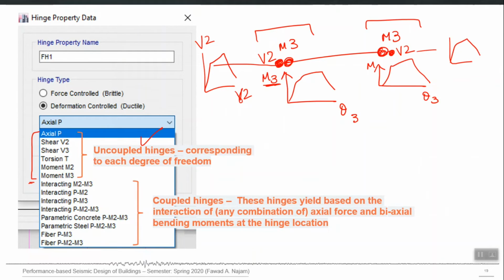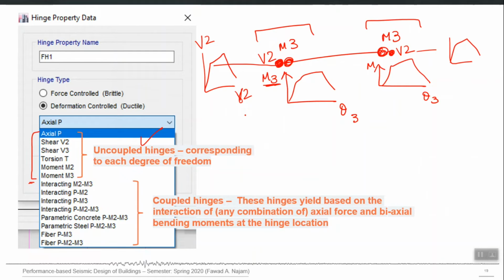So now out of 6 degrees of freedom, 2 are controlled by my relationship, which are my plastic hinges, other 4 are still elastic, right? So unless you define a particular hinge or control a particular degree of freedom using that hinge, it is assumed elastic by default, right? So it's not that we need to modify all 6 degrees of freedom. Whatever nonlinearity we want to introduce, only that particular degree of freedom we will modify.